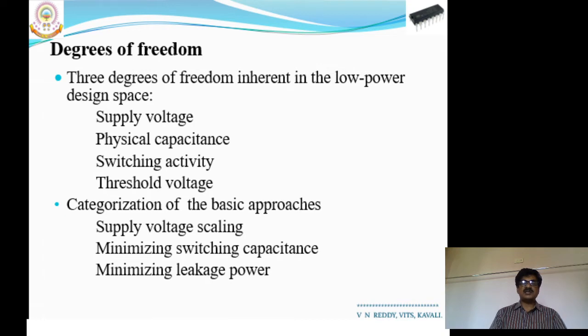And switching activities: if you reduce the number of transitions, you can reduce the power. That is another approach. And one more approach is decreasing the leakage currents, so that the leakage power can be reduced.